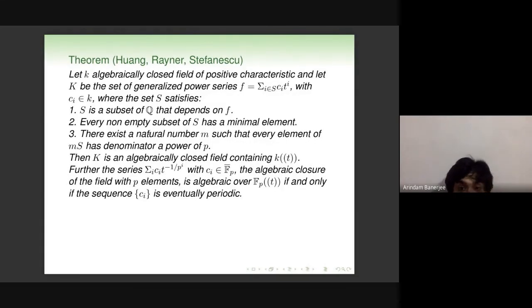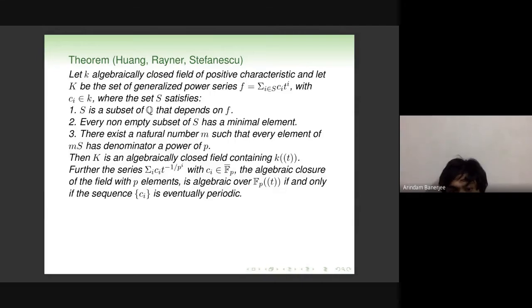S is a subset of Q that depends on F. Every non-empty subset of S has a minimal element. And there exists a natural number m such that every element of S has denominator a power of p. Then K is an algebraically closed field containing k double bracket t.